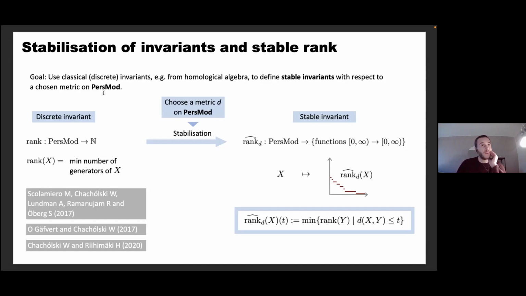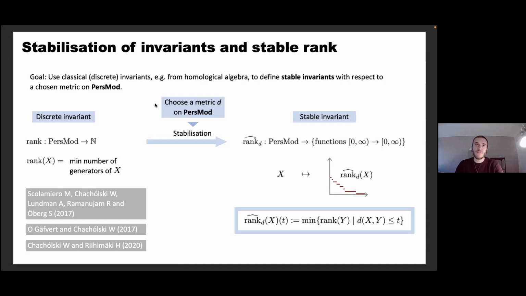One starts with a discrete invariant, for example the rank of a persistence module, defined as the minimum number of generators of the persistence module. If the persistence module is a one-parameter persistence module, this is the number of bars in the barcode.